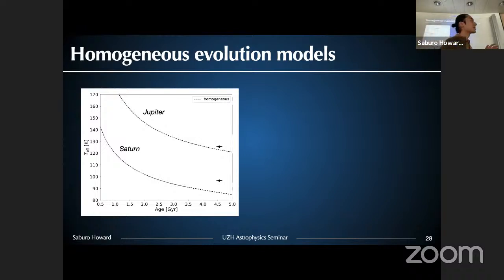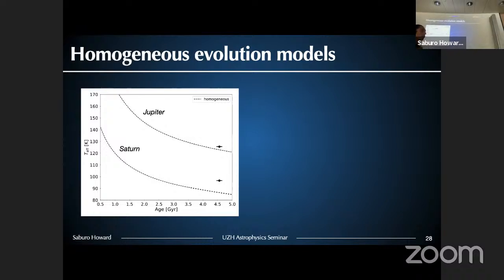So this indicates that Jupiter and Saturn seem to have an excess of luminosity compared to what we expect. And one potential explanation is that helium rain could be an additional source of energy.